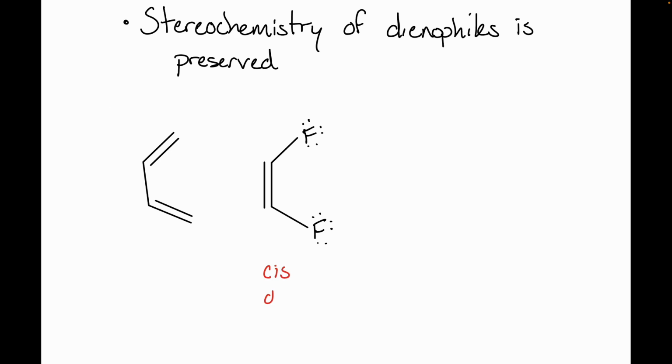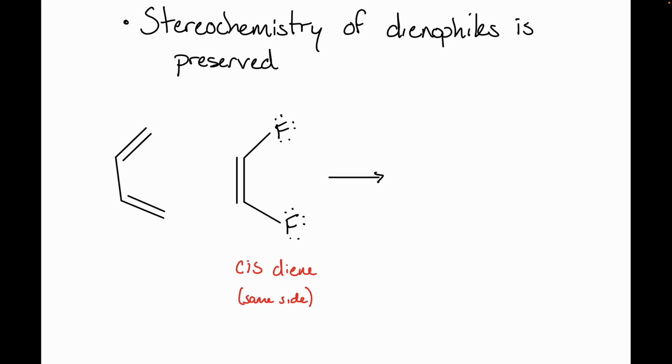Here we have this cis alkene, or Z alkene, meaning that those two substituents there are on the same side. Well, when we get our six-membered ring that forms, remember, our cyclohexanes can also have stereochemistry.